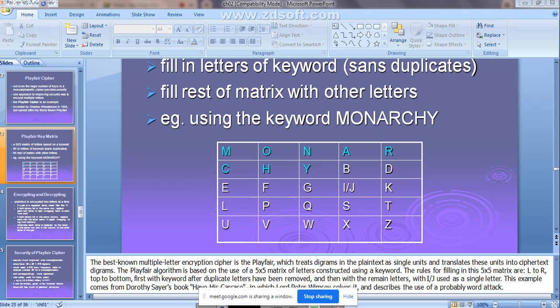A is replaced with B and S is replaced with X. Getting the thing, guys? Yes, ma'am.